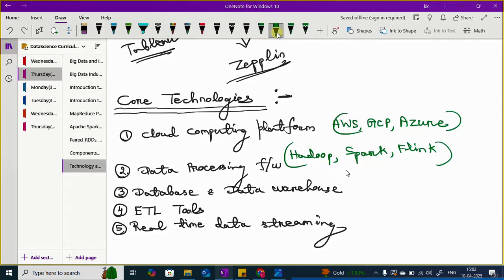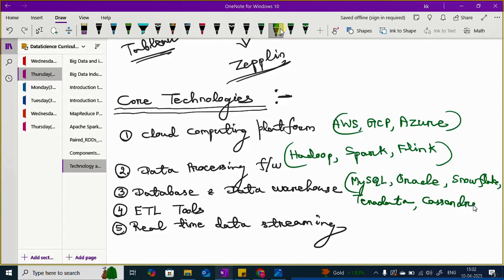Now, as part of database and data warehouse, we are using either MySQL or maybe Oracle. It may be Snowflake, maybe Teradata, it may be Cassandra, maybe MongoDB.